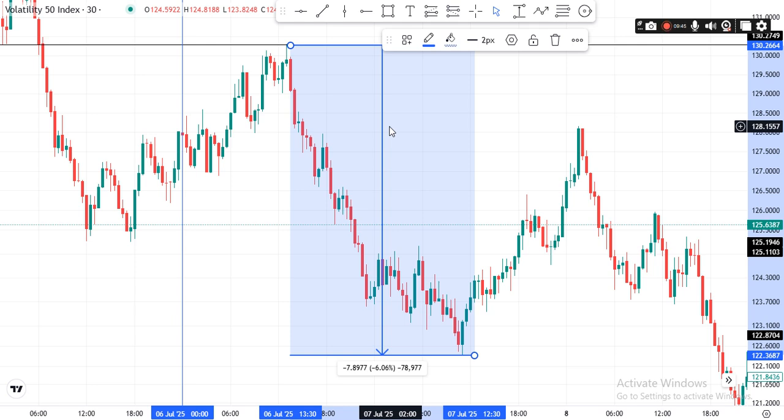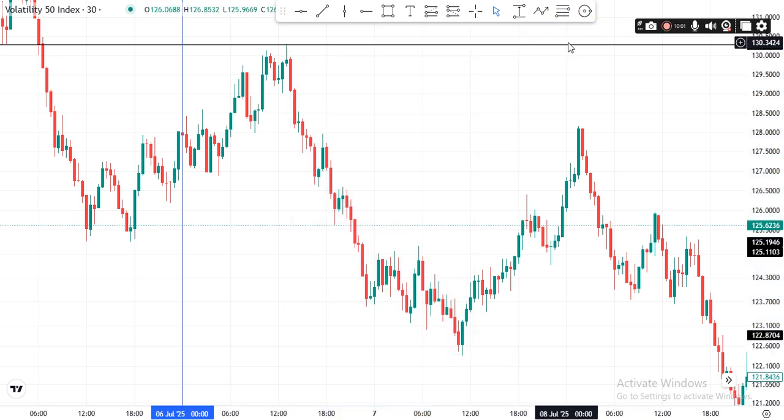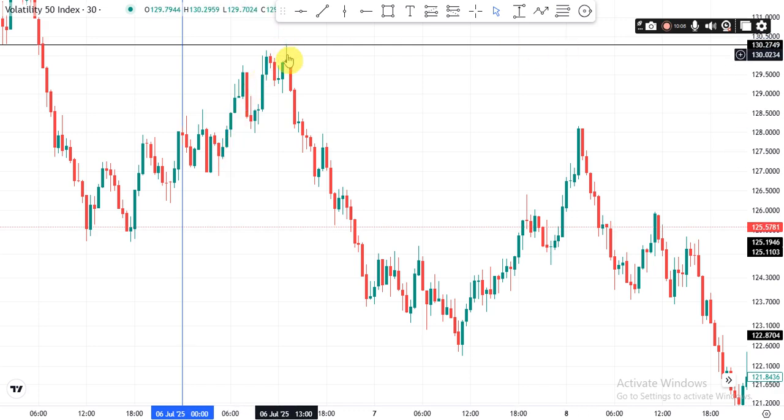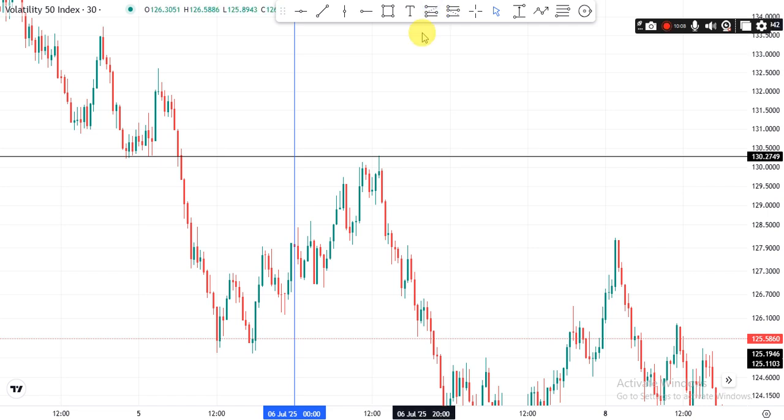So if you are a high risk taker, you enter with 3 lot size, you'll be making almost $16,000. It depends on the level of your risk, but I always advise people not to risk more than they are willing to let go.